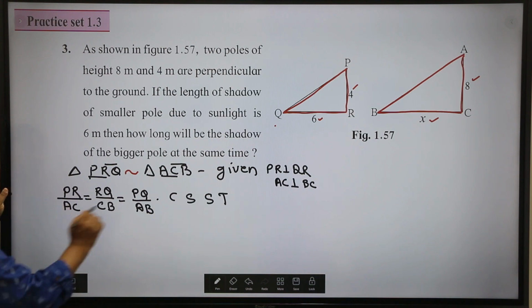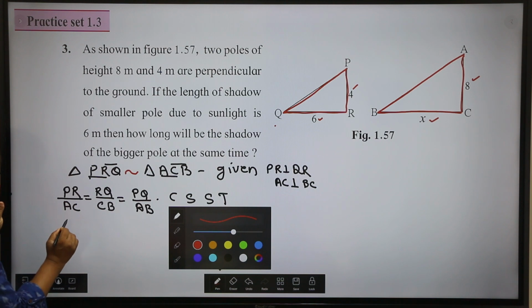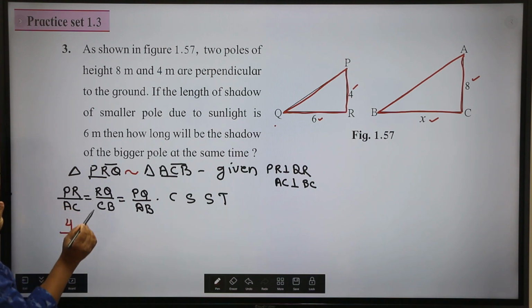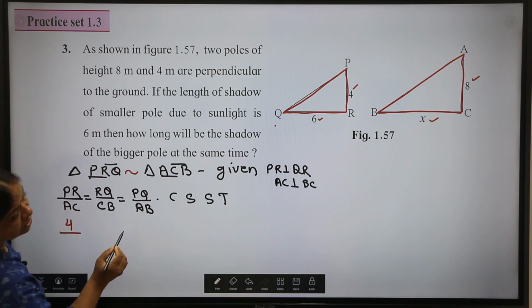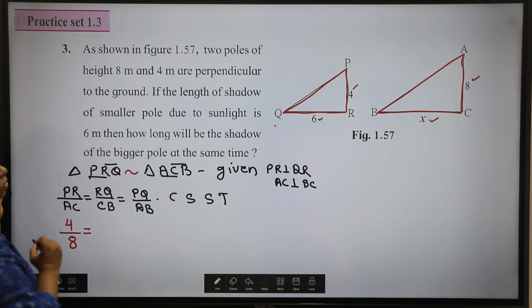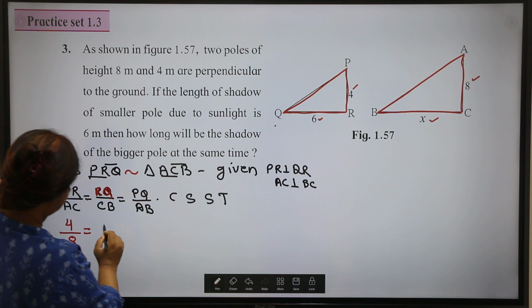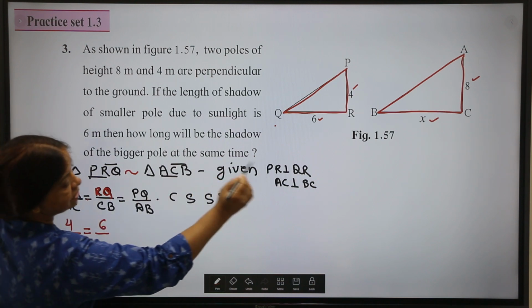What is PR here? PR is 4. So, I will be placing the value of PR, 4, upon AC. AC is how much? AC is 8, equal to QR. QR is how much? 6 upon CB. CB is how much?